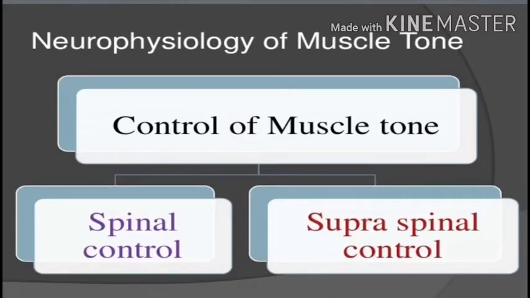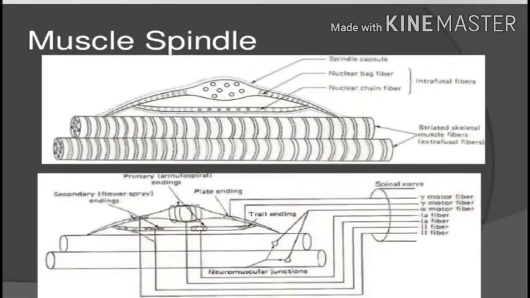Now we come to the receptors. The muscle spindle detects the change in length of the muscle and the rate of change in length of the muscle. Each muscle spindle has three essential elements. One, a group of specialized intrafusal muscle fibers with contractile polar ends and a non-contractile center.